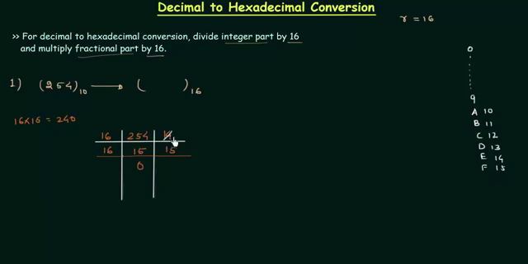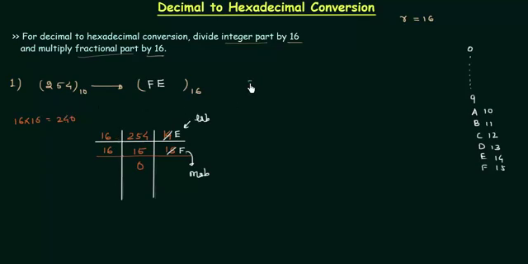So this 14 we have to write as E and this 15 we have to write as F. This F is MSB, the most significant bit, and this E is LSB, the least significant bit. The most significant bit is the leftmost bit, so F is the leftmost bit, and the least significant bit is the rightmost bit. So E is the rightmost bit, and FE is the hexadecimal equivalent of 254.